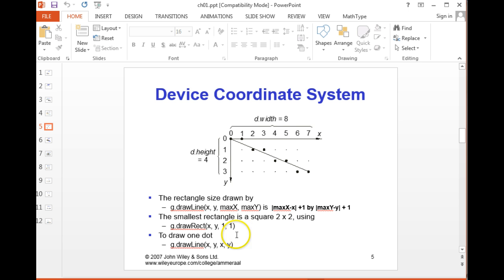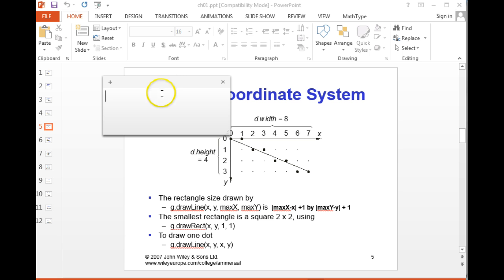Well, basically what happens is whenever we have a rectangle, let's say drawRect x, y, in general x, y, w, h.